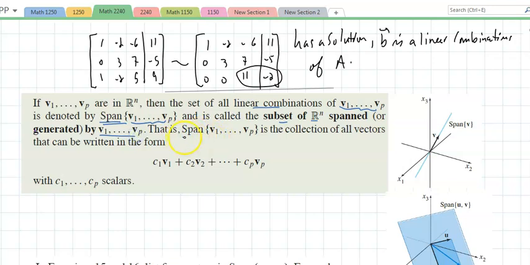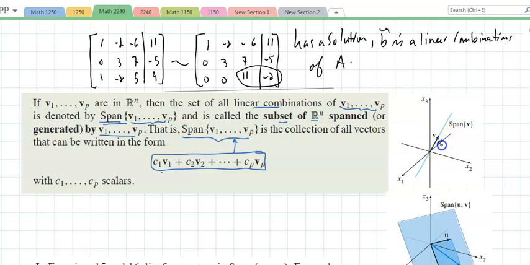That is, the span of V1 through Vp is the collection of all vectors that can be written as a combination of those. Of course, C1 through C sub P, those are called the scalars or the weights.